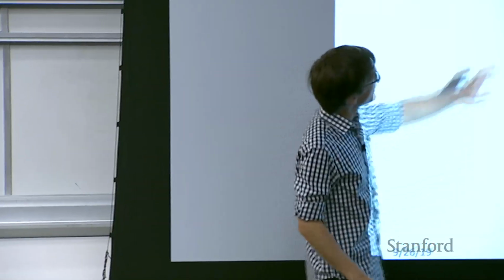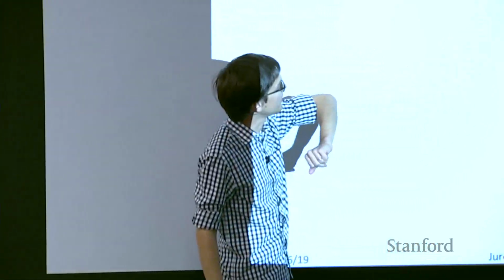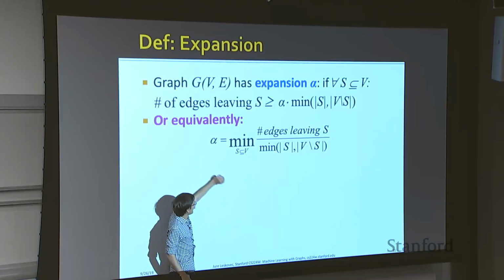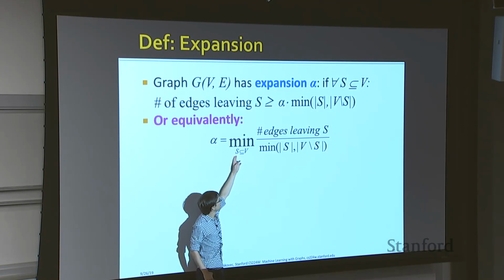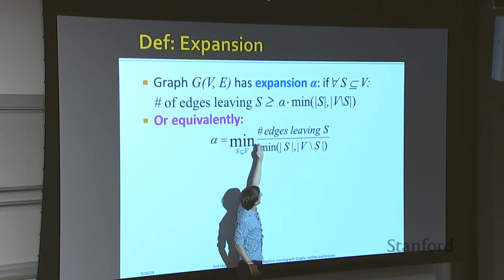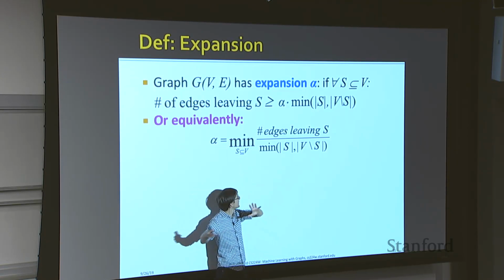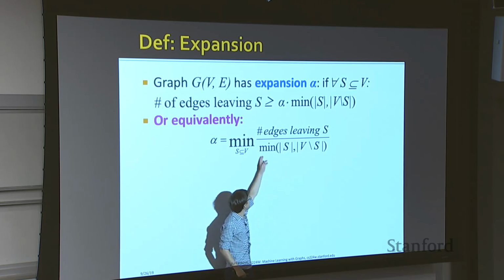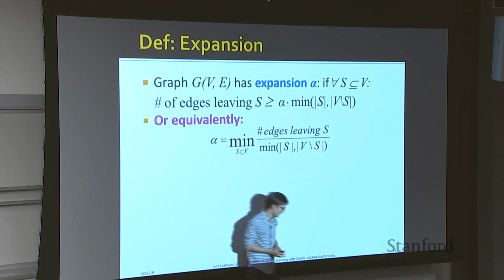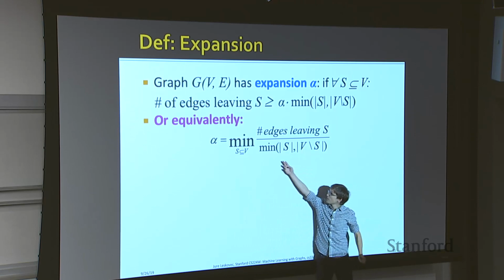The way you can think of this is the following. Alpha is the minimum over all subsets S of the number of edges leaving that set S divided by the minimum of the size of S and the size of the entire set of nodes minus S. Now you will ask me, why do you have this funny minimum?